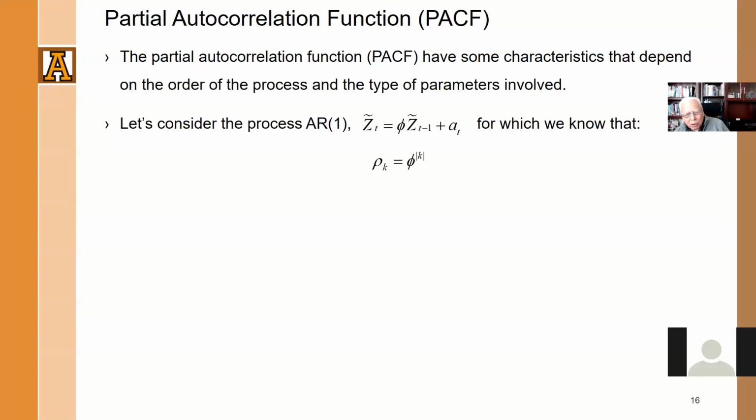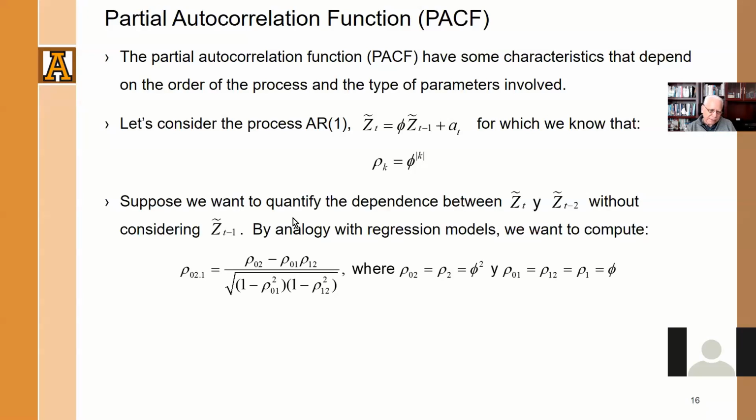We already saw that the autocorrelations for the AR1 behave as phi raised to the absolute value of k. So if the process is stationary, phi is less than 1, and therefore this autocorrelation function has an exponential decay towards 0.